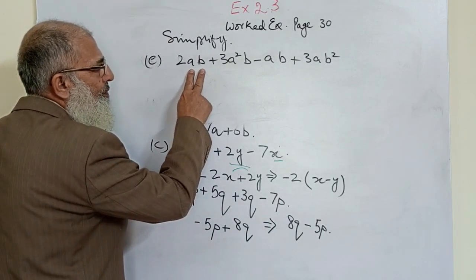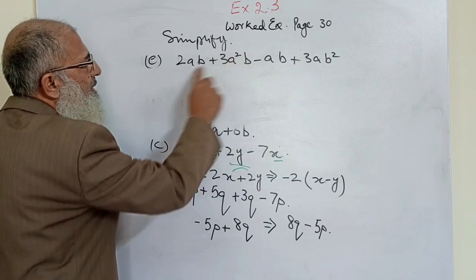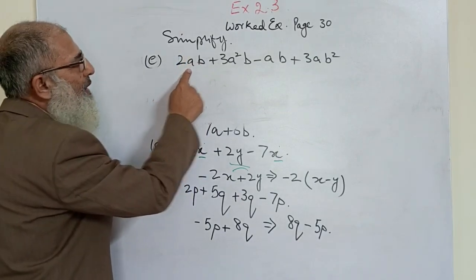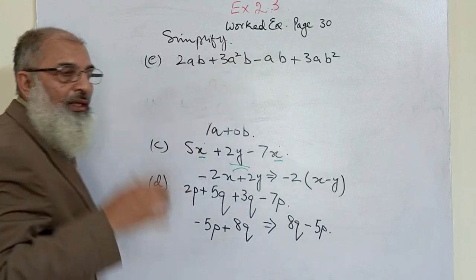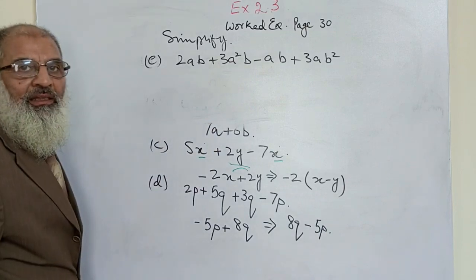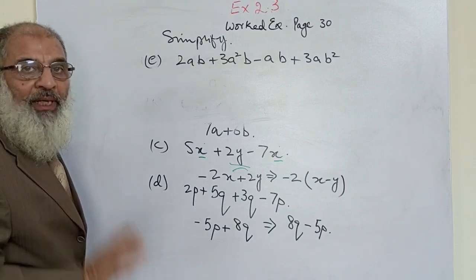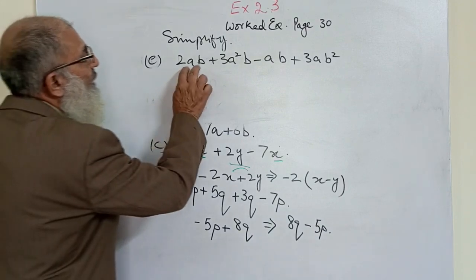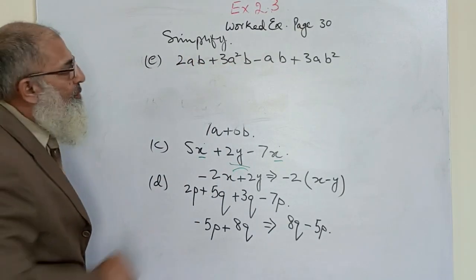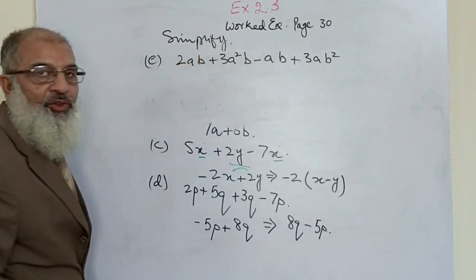Now ab cannot be added with a square b because the indices are not the same. Index here is 1, here is 2. The variables are the same, however, if variables are the same but index is not the same, and you see that index of b is also the same, but even then we cannot add ab with a square b, because we have to look for ab with one index over here and one index over here.